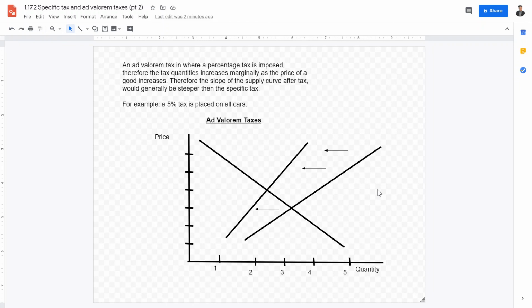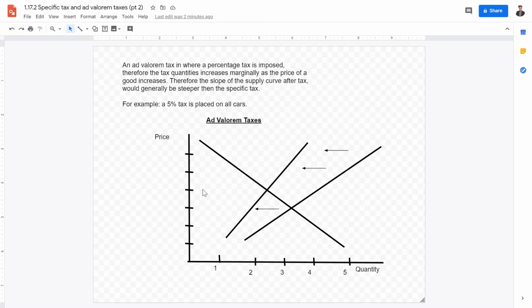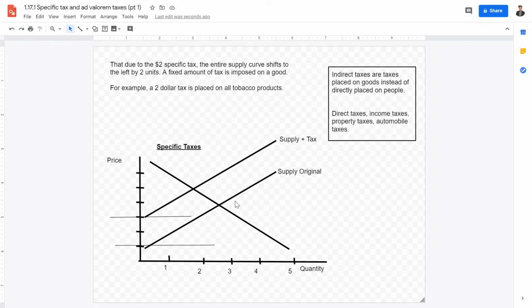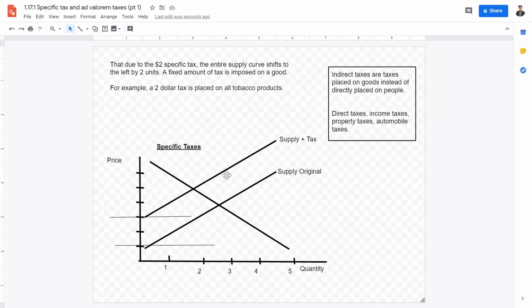So in this explanation, we looked at the difference between indirect taxes and direct taxes. We looked at the difference between a specific tax and an ad valorem tax, and how a specific tax is a fixed amount of money placed upon a good, while an ad valorem tax is a percentage tax placed on a good. Examples of specific taxes are tobacco products, where a $2 fixed tax is placed on it.